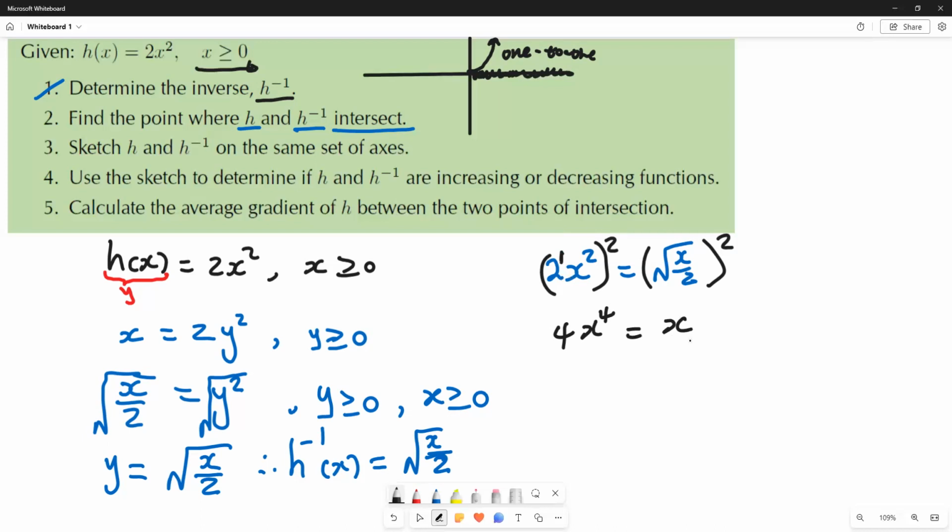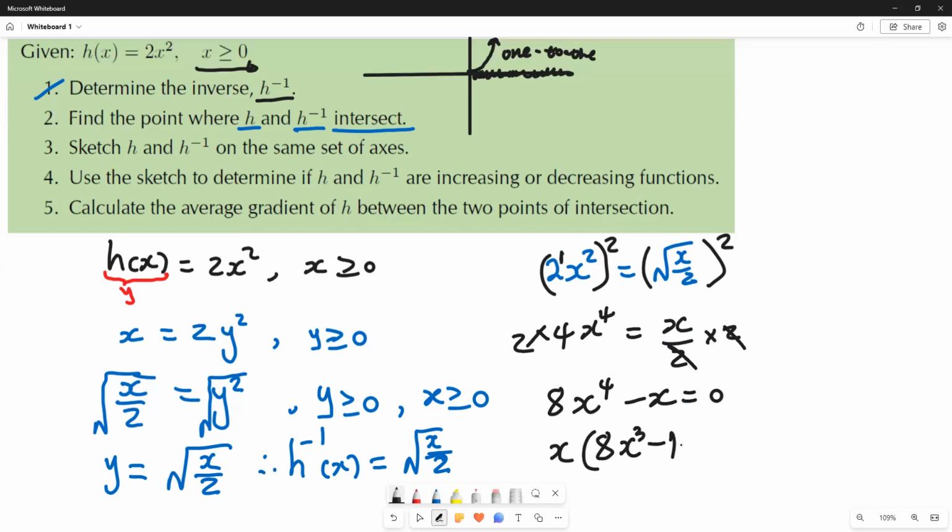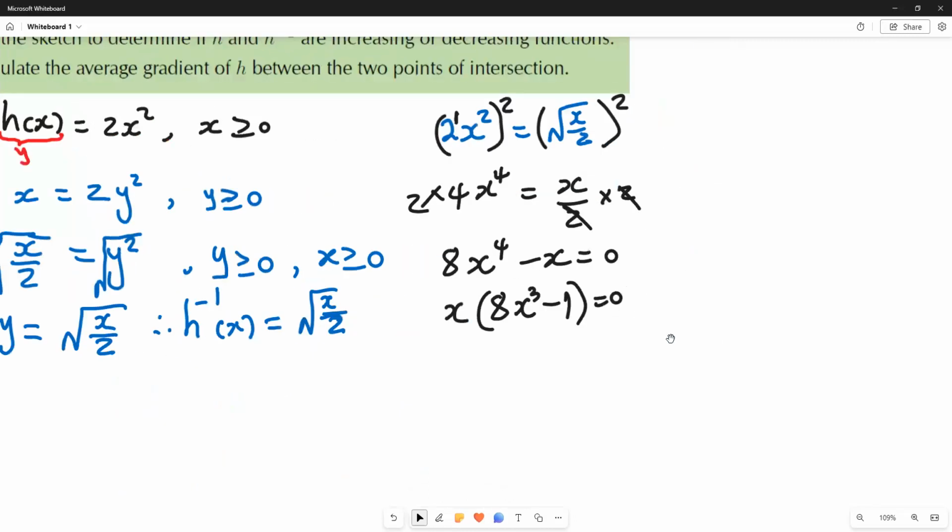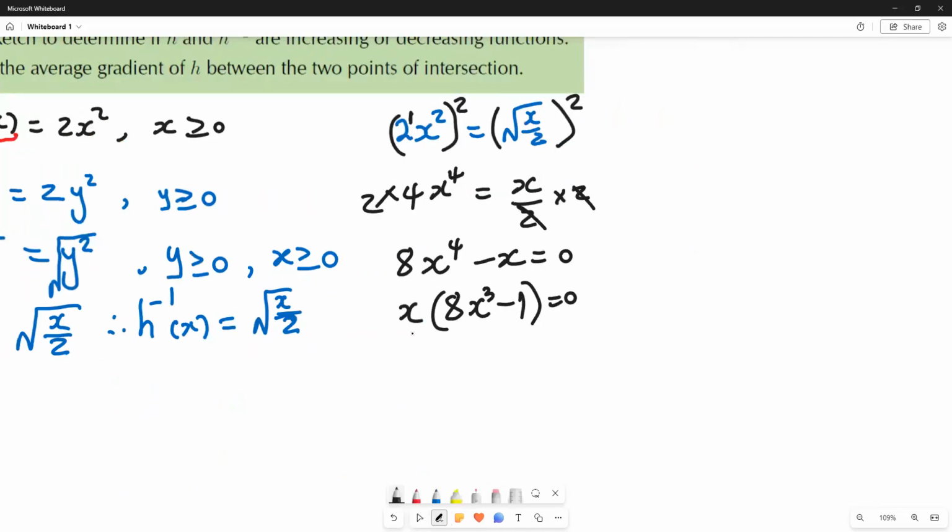On this side, the square root disappears. And then you multiply by 2 on both sides so that the 2 cancels there. And then you have 8x to the power 4. You move the x to this side, equals 0. Then you take x out as a common factor. You are left with x times 8x cubed minus 1 equals 0. Then from here, using the zero product principle, we can say this factor equals 0 or that factor equals 0.